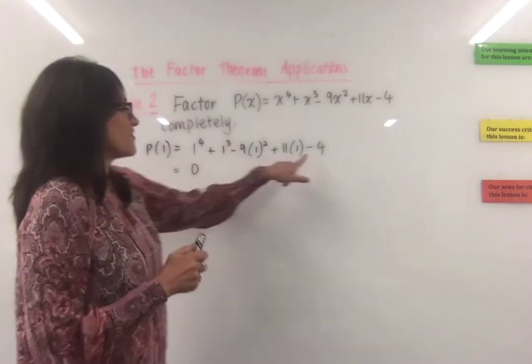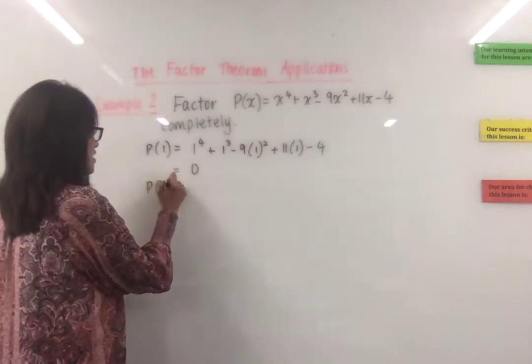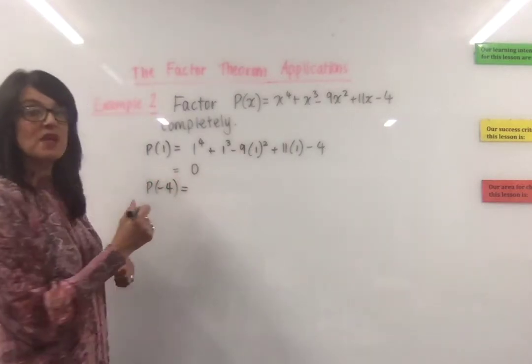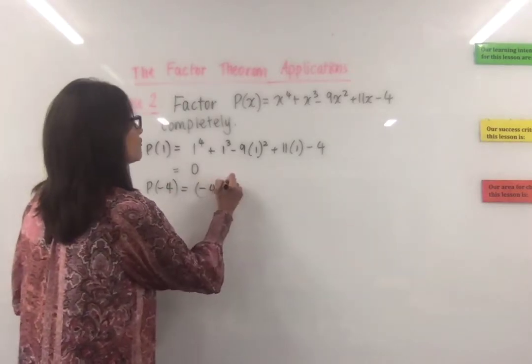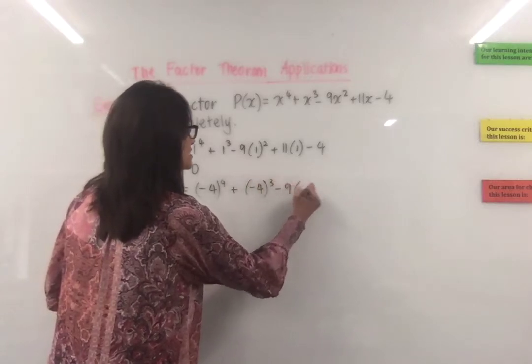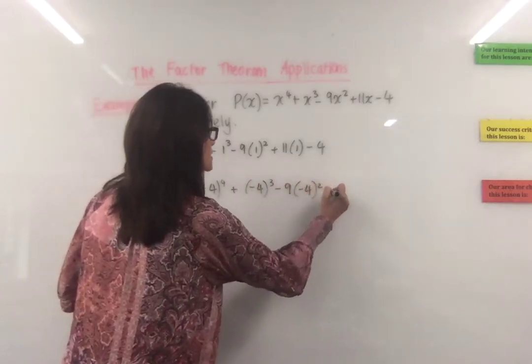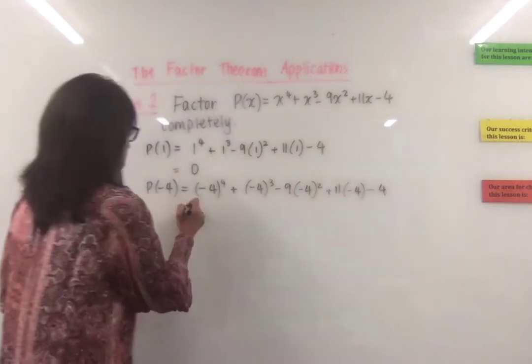Now if 1 is a factor of the polynomial, let's test -4. And let's find P of -4. So we're going to substitute in -4 to the power of 4 plus -4 cubed minus 9 times -4 squared plus 11 times -4 minus 4.